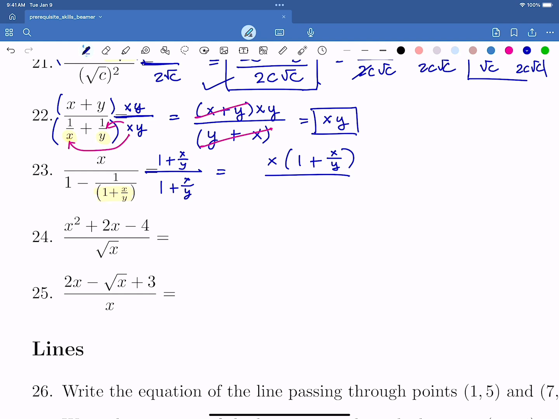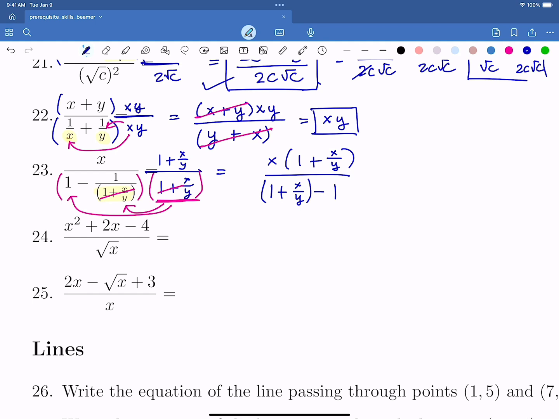We'll see. In the denominator, we've got this times this. We're going to distribute this whole thing. It's distributed to the 1, so I get 1 plus x over y, minus, and now I'm distributing here, and that's going to all cancel and just be 1.